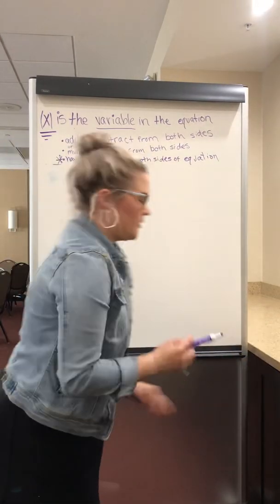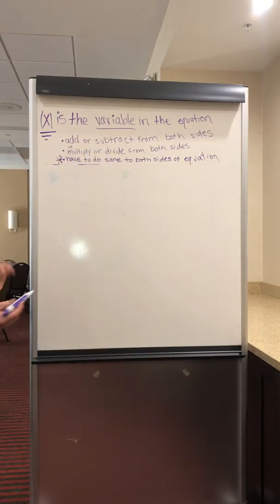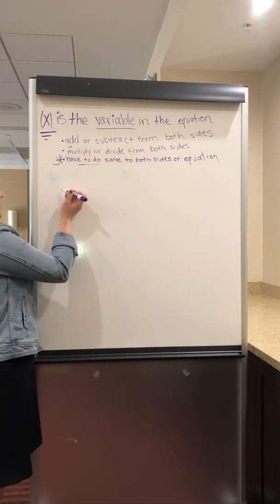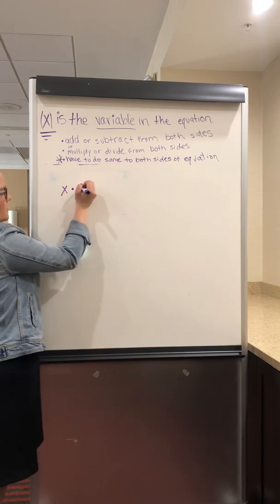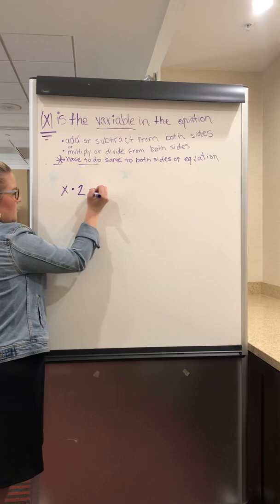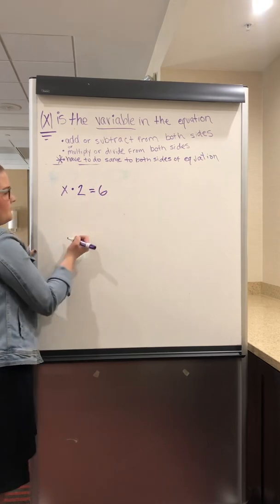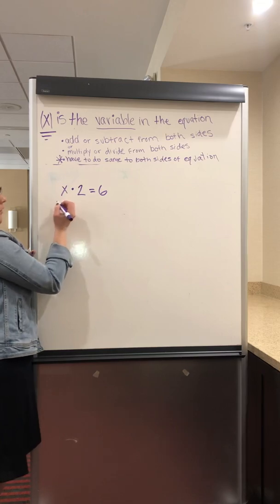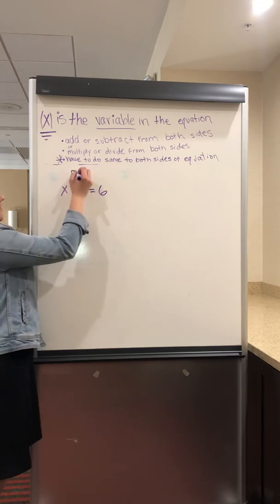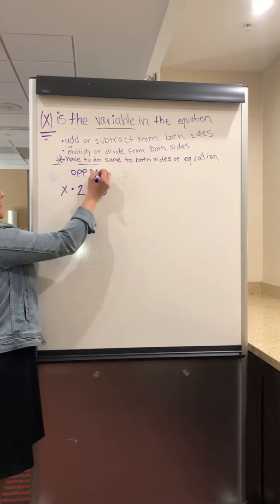I just want to do a few equations on multiplying and dividing. So we're going to have x times 2 equals 6. We have to do the opposite, the same thing, so we're going to divide opposite. Remember, always opposite signs.